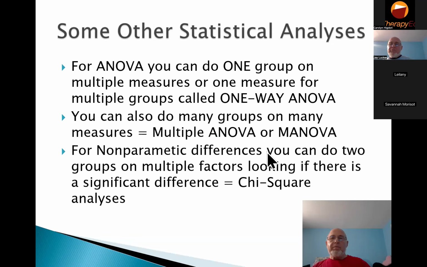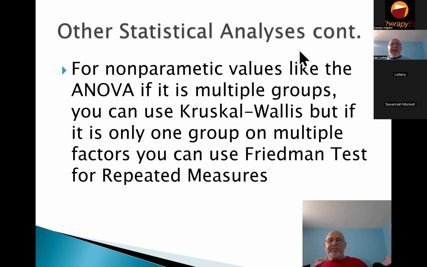For non-parametric differences, we could do the Kruskal-Wallis, the KW, or especially if we're doing just 2 things, although sometimes you can do 3 things, it's called chi-square. For those who aren't familiar with Greek, chi is the letter X. X squared, chi-square.